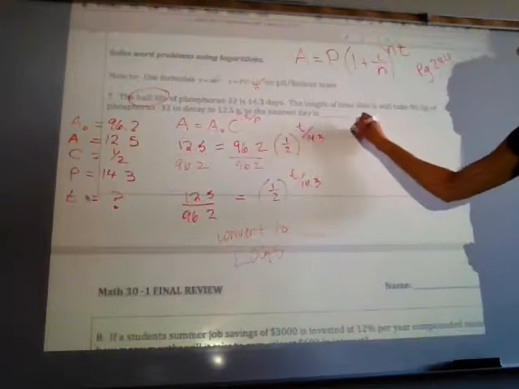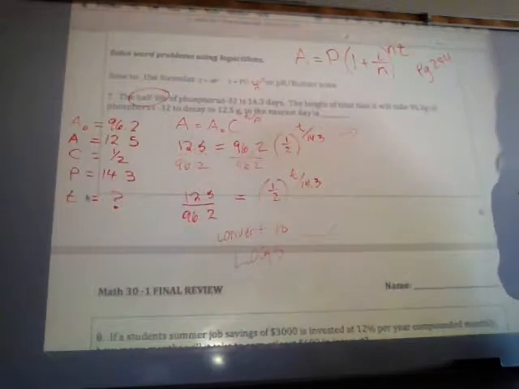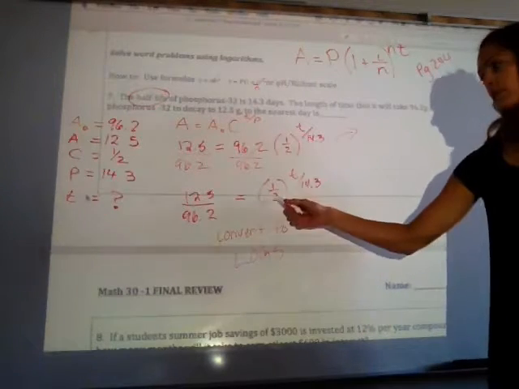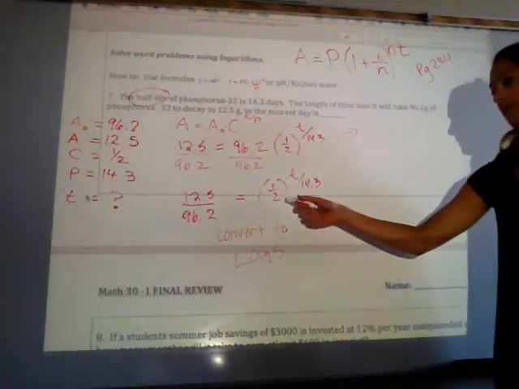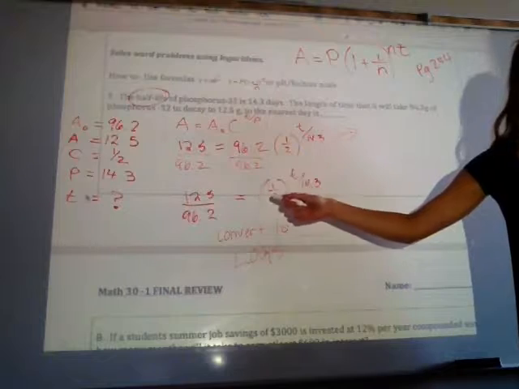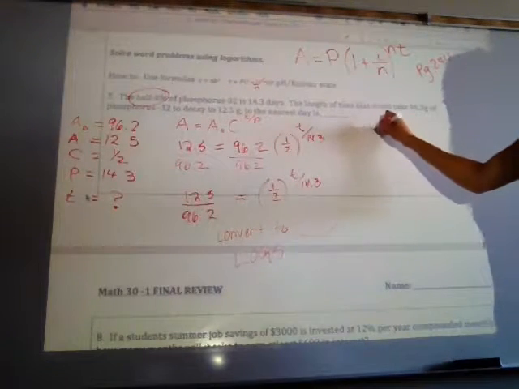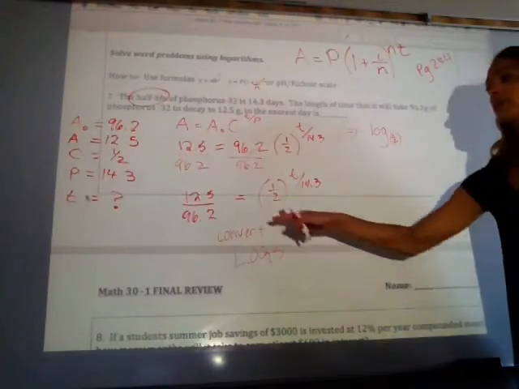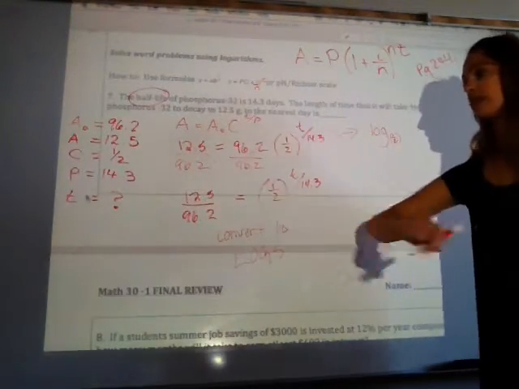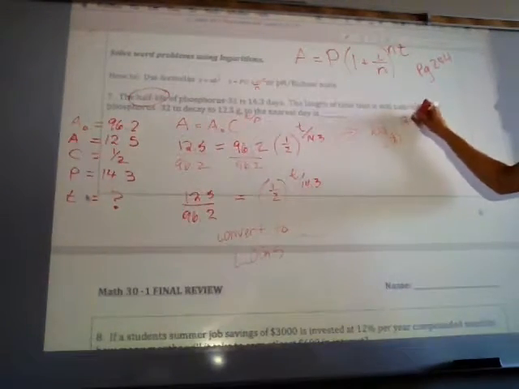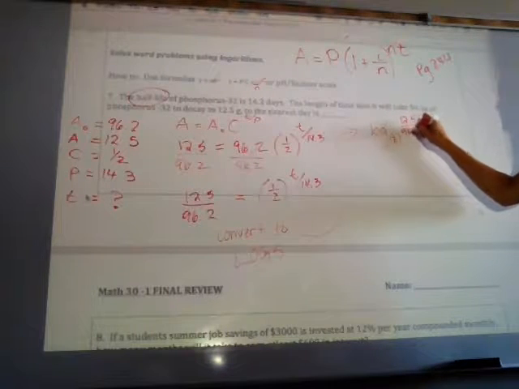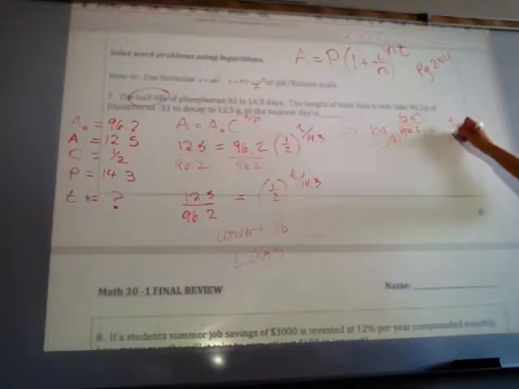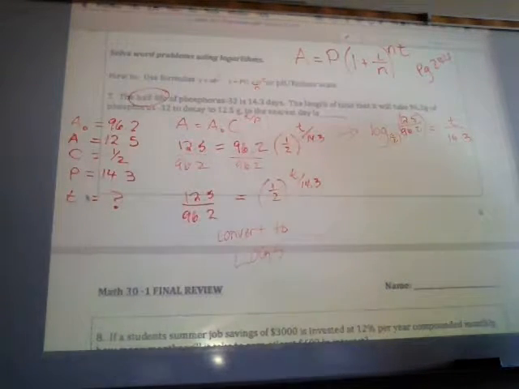What is your base? 1/2. It's always the value that has an exponent on it. So we have log base 1/2, your argument will be 12.5 over 96.2, and that will be equal to t over 14.3, your exponent.